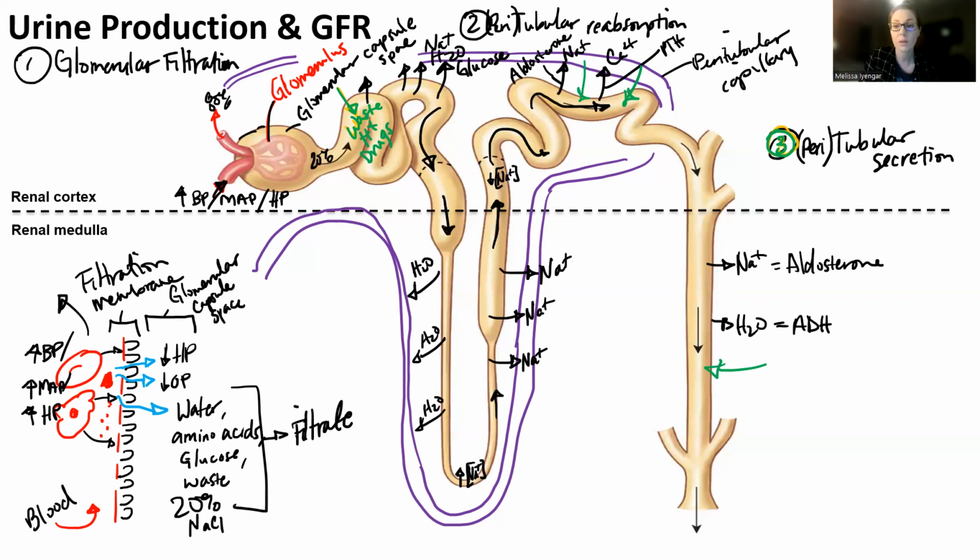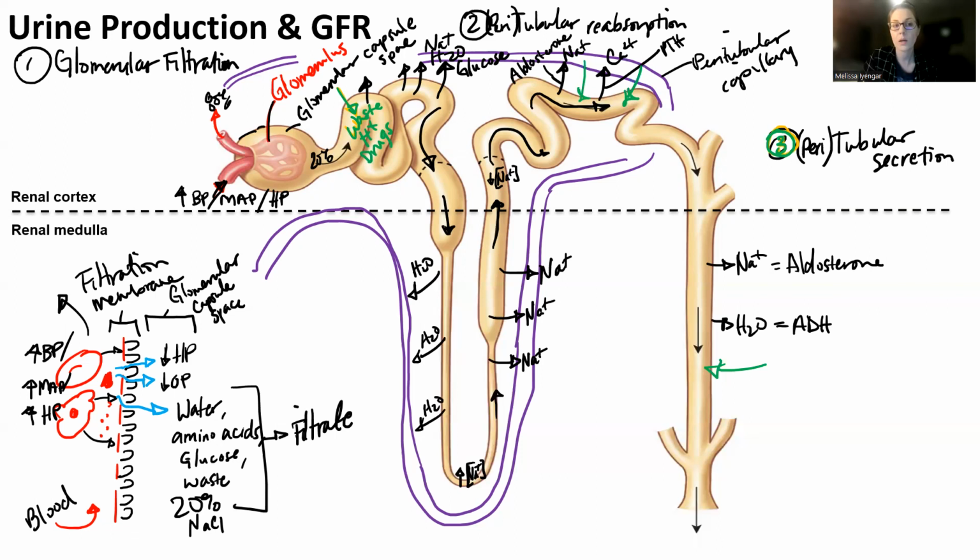That's the thing you want to think about when you think about peritubular secretion: why are you doing that? You're doing that if certain solutes are too high in blood. So maybe you have too much sodium, too much water, too much waste, too many hydrogens or too much bicarbonate. Then you're going to start to secrete stuff in higher quantities to get rid of that so that your blood levels remain consistent.